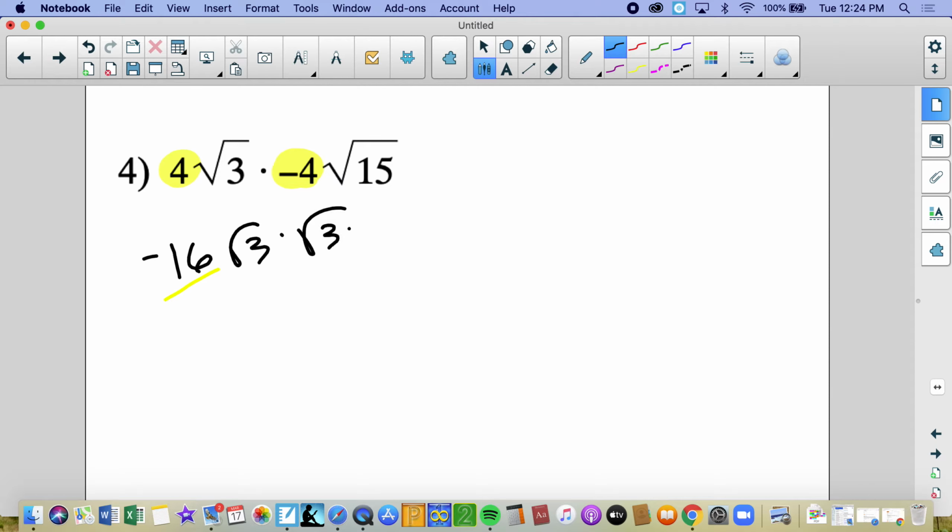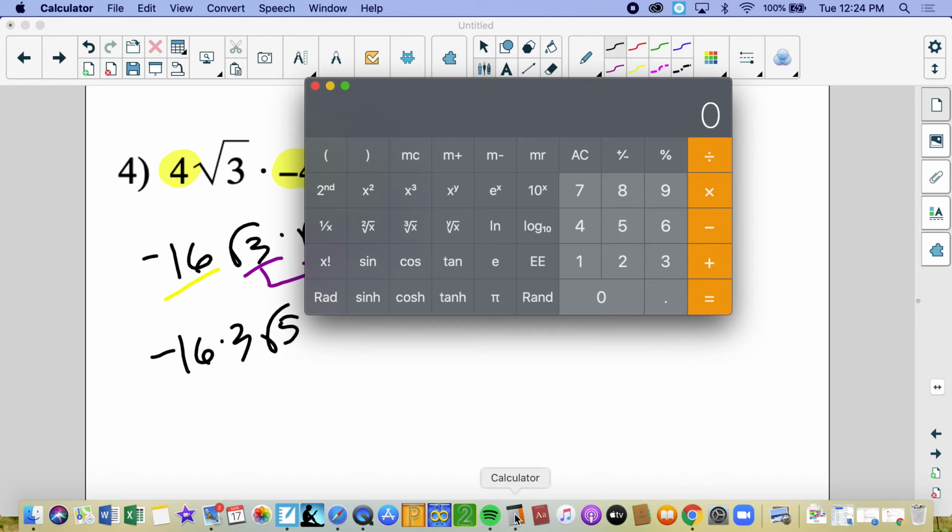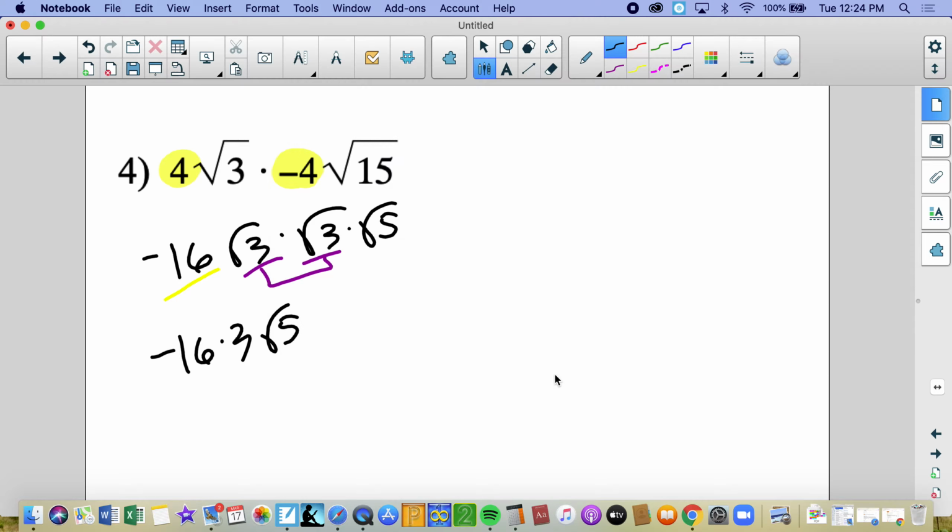Rad 15, I'm going to break into rad 3, rad 5, because I see that I'm going to have two common radicals, which will pop out to the outside. Rad 5 will stay in the house, and then negative 16 times 3 is not on my memorized numbers, 48. So we get negative 48 rad 5.